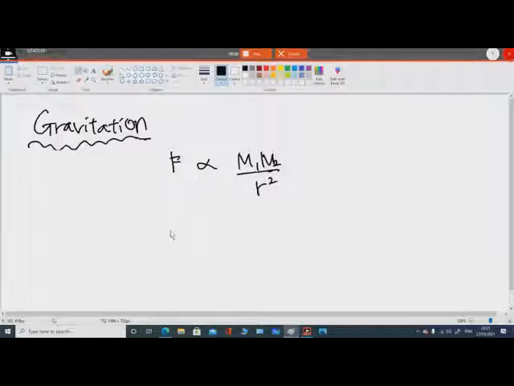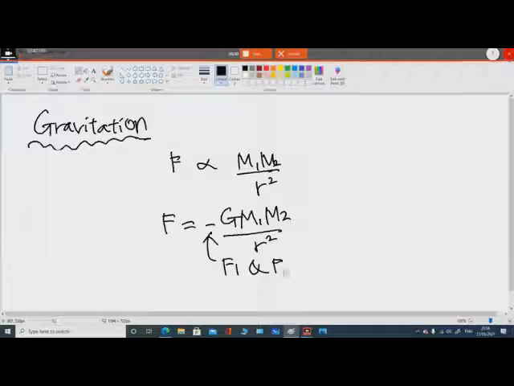In terms of equation, F is equal to negative G m1 m2 over r squared. This negative means that the direction of the two forces, F1 and F2, as we mentioned just now, is always opposite direction.